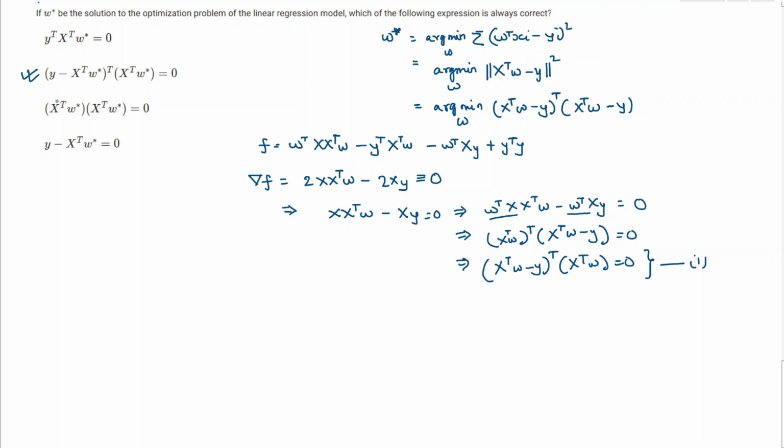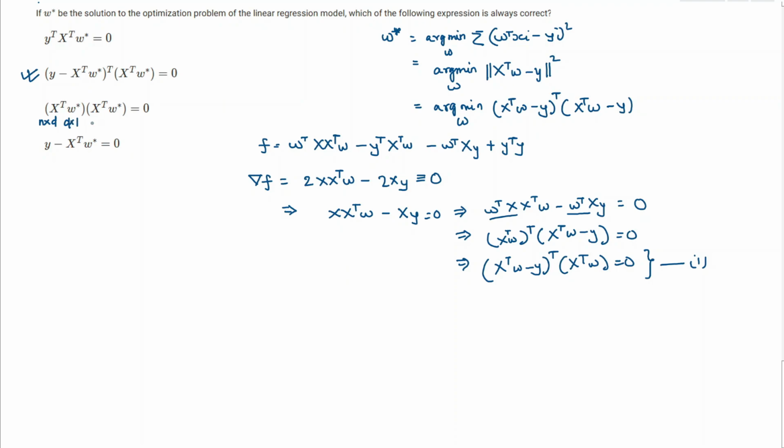Let's look at the third one. The third one says x transpose W star into x transpose W star is 0. But there is some inconsistency here. The dimension of x transpose is n cross d, and the dimension of W star is d cross 1.